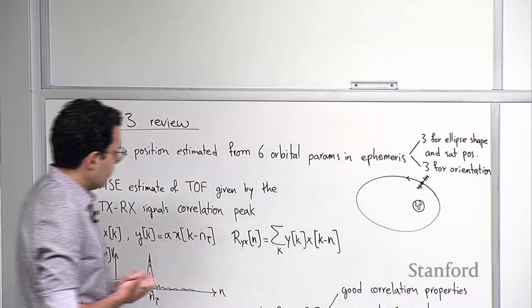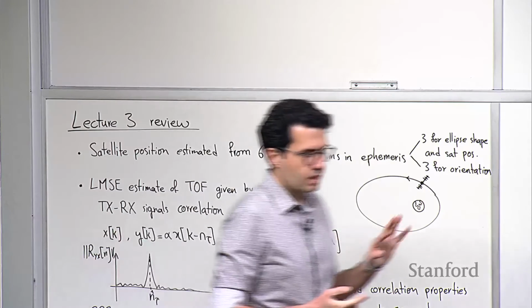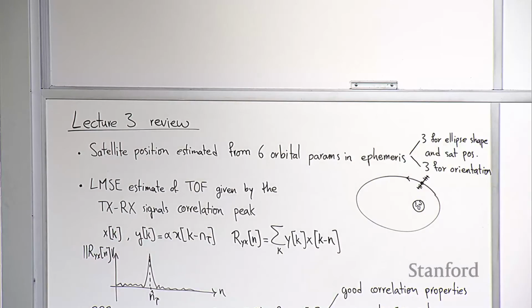We said this was the ideal case, but there are 3 complications or non-idealities that the receiver has to deal with. First one was the Doppler shift, and we'll get back to it and show you how Doppler shift is compensated for.